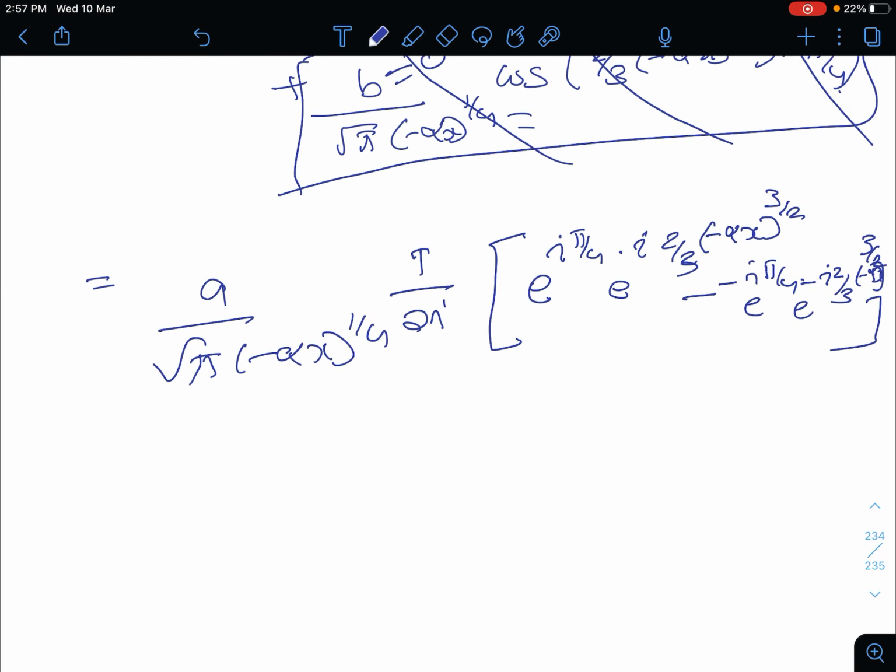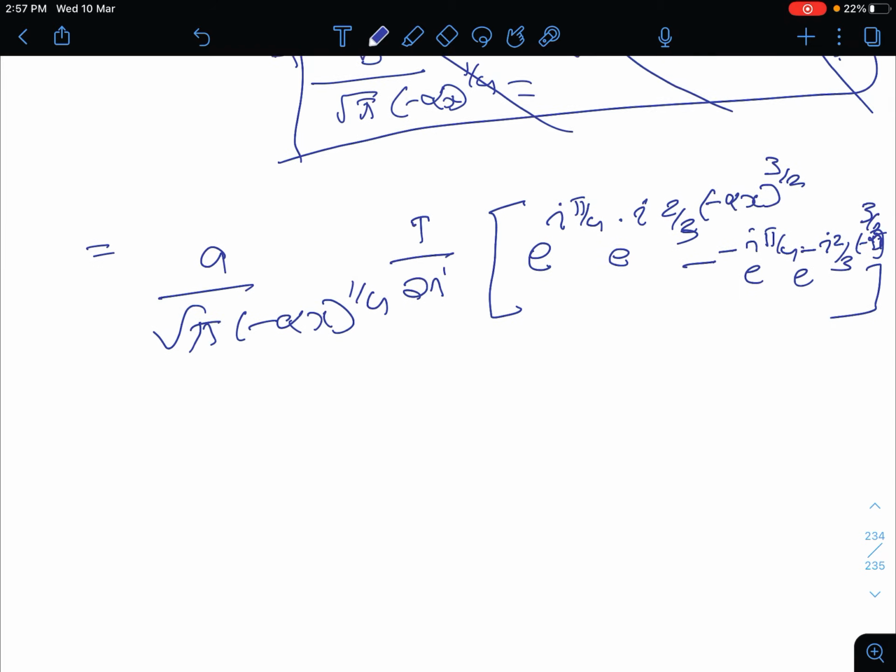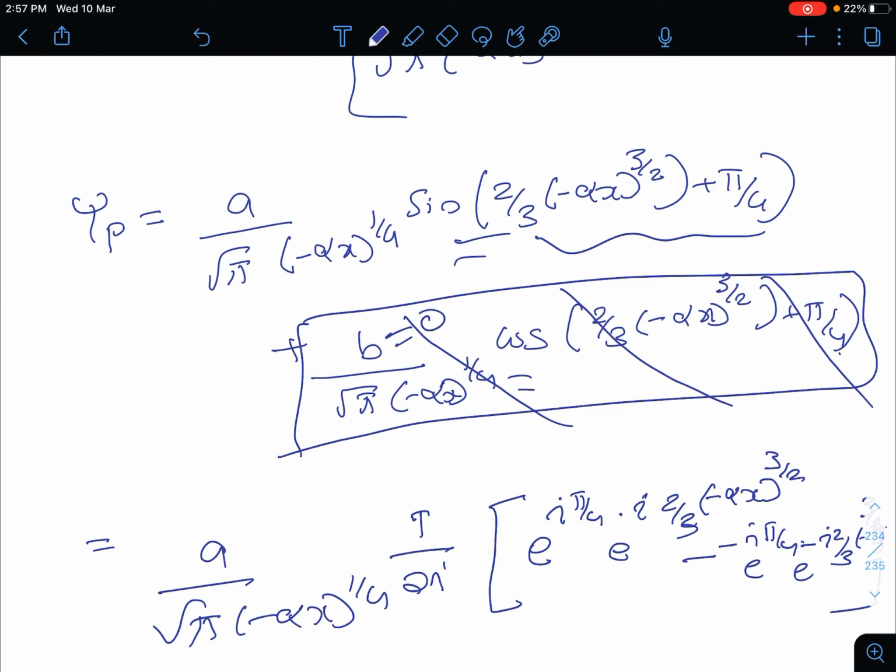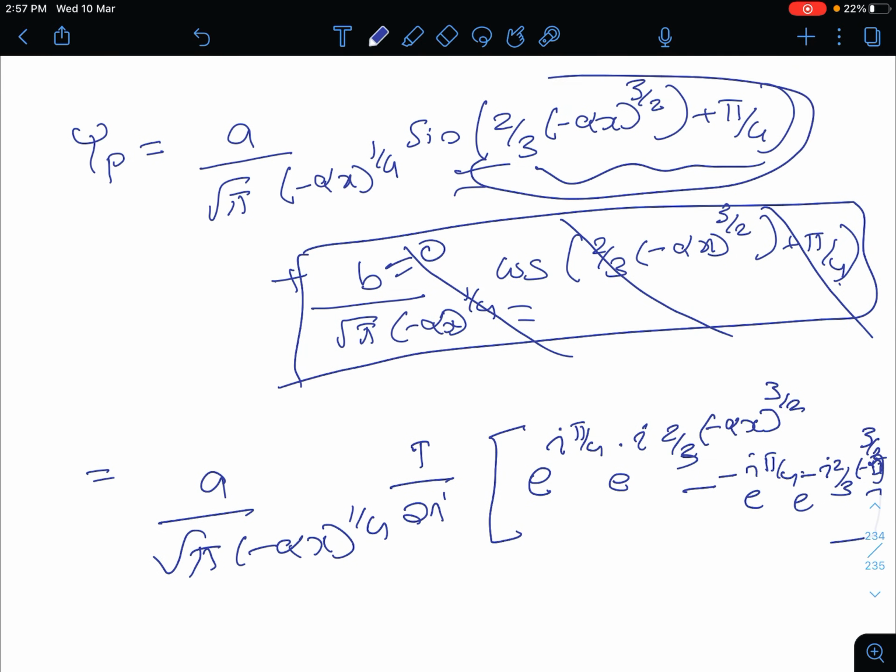E raised to i theta minus e raised to minus i theta divided by 2i, that is sin theta. Okay, so that is sin of this entire term.